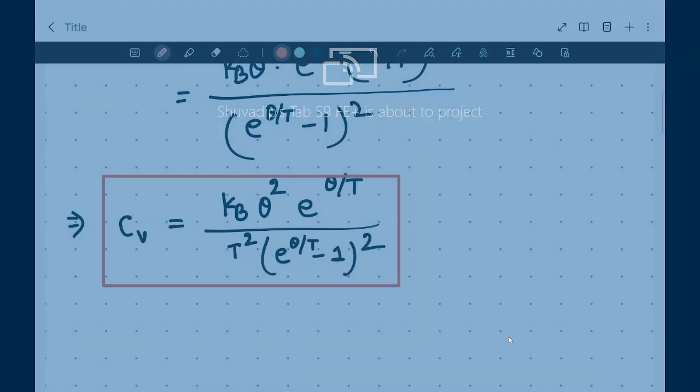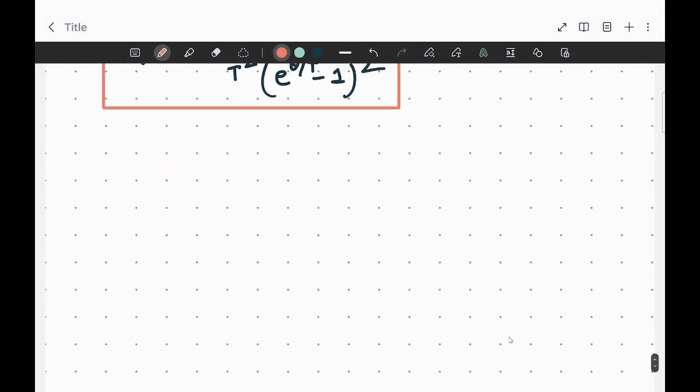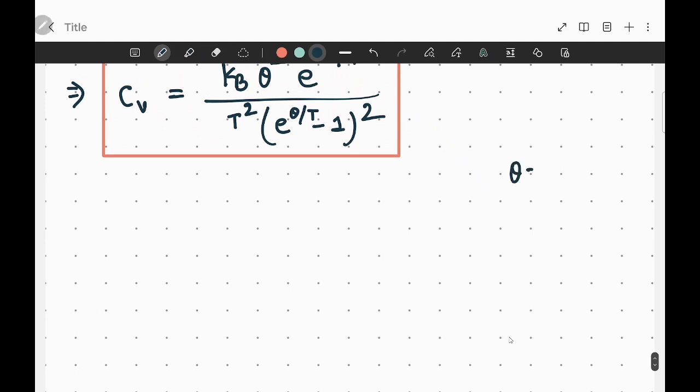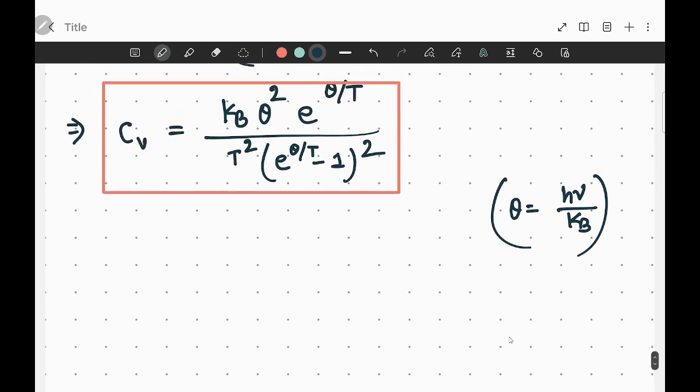Theta was, okay, let me also do it. What was theta? Theta is h nu by kb, the vibrational temperature. So that you can also put here.